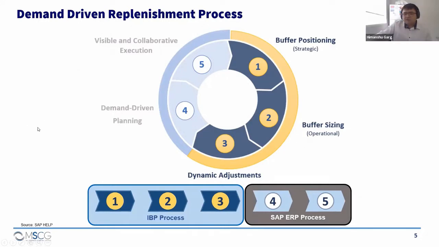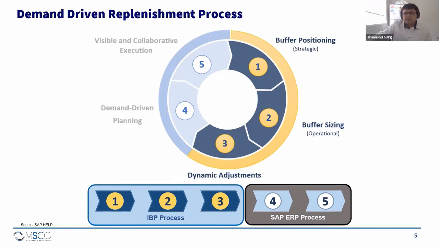IBP provides certain advantages over S/4HANA when it comes to determining the demand and supply variability or categorization of demand and supply variability. It's much easier to do these things in IBP as compared to S/4HANA. There are more advanced tools available to perform these activities.